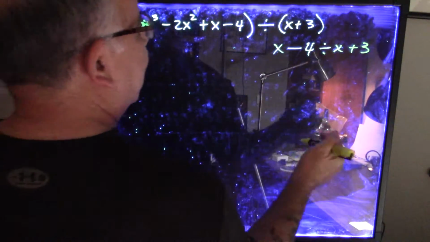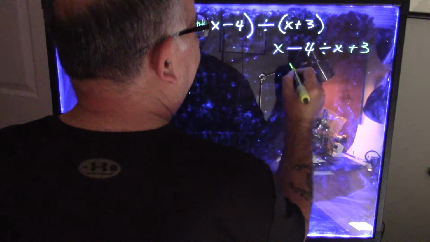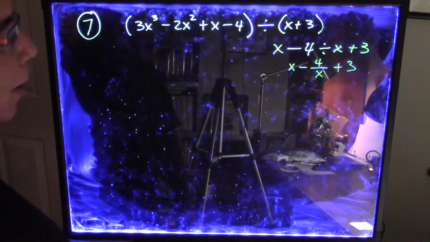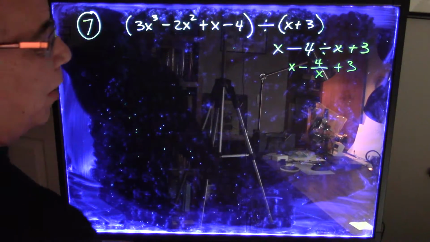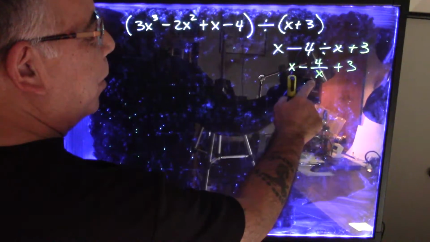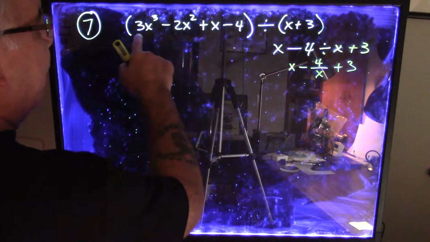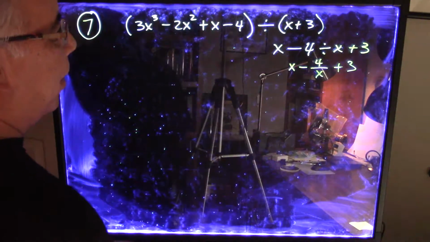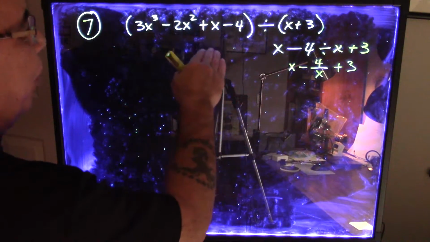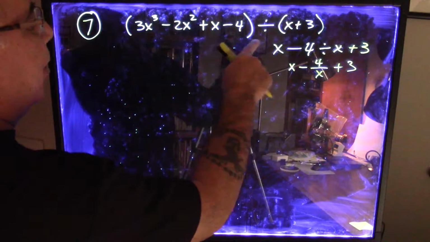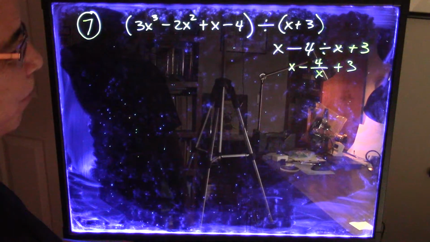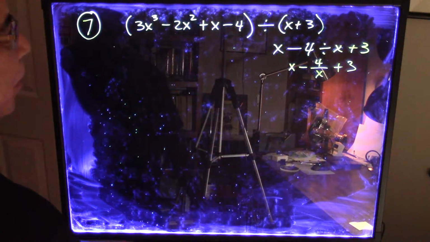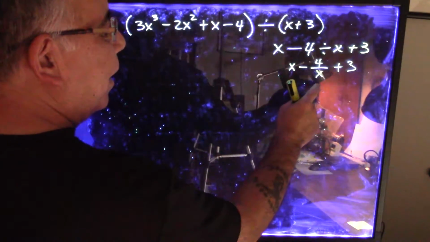That's what you would have, and so this would represent x minus 4 over x plus 3. It doesn't equal what we want, because you're dividing all of this by all of that. So you must use the parentheses, unless you write it vertically, as a fraction, this over that. But if you're writing it horizontally, you have to have those parentheses, otherwise you're going to get this.